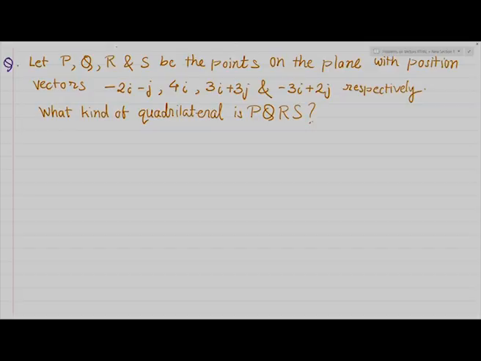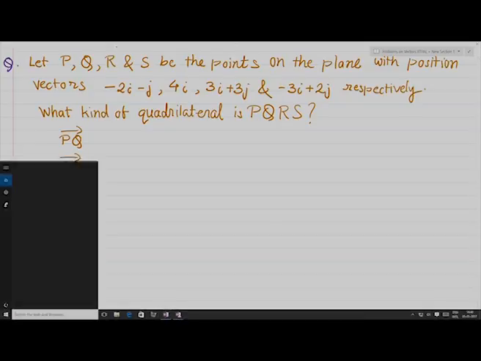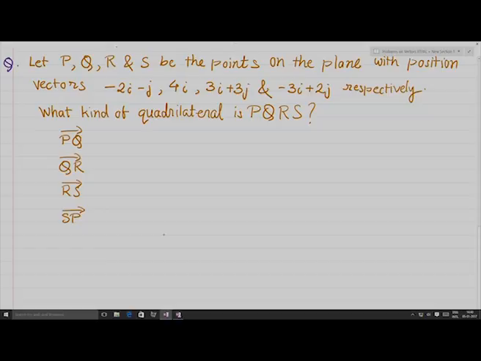How to answer this question? So, there are a few things. First, we have to generate the coordinate vectors PQ bar, QR bar, then RS bar, then SP bar. So, these are the coordinate vectors that we need to generate.